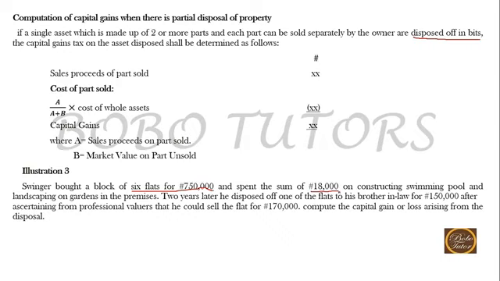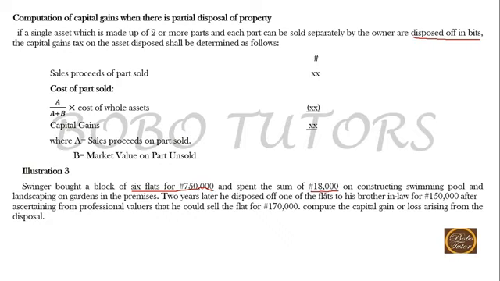You see that he bought 6 flats for 750 and he spent 18,000 naira to construct swimming pool. Remember, part of those allowable expenditure, letter B, I said cost of improving the asset. Are you getting it? Or renovation cost is an allowable expense. So if you add 750,000 plus 18,000, that will give us 768,000.